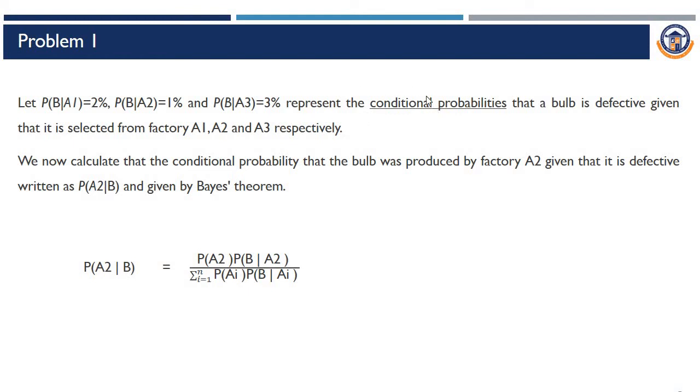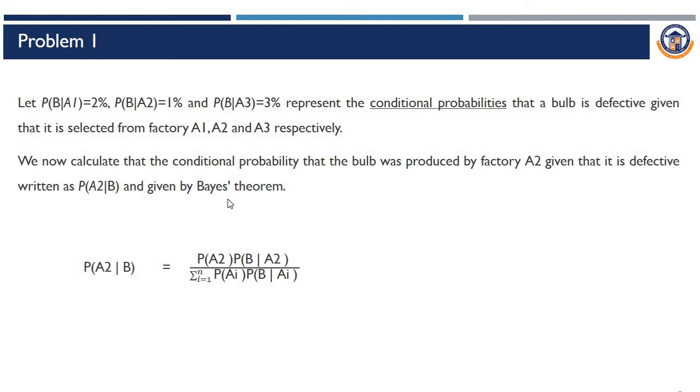These represent the conditional probability that a bulb is defective given that it is selected from factory A1, A2 and A3 respectively. Now we calculate the conditional probability that the bulb was produced by factory A2 given that it is defective, written as P(A2 given B).